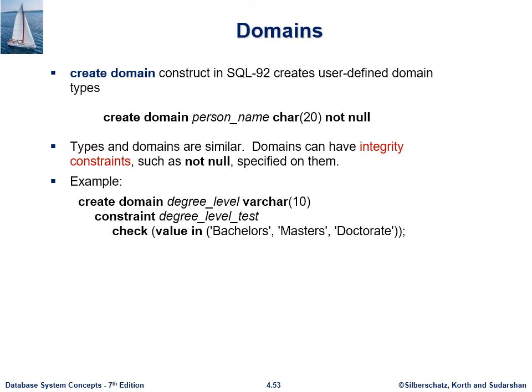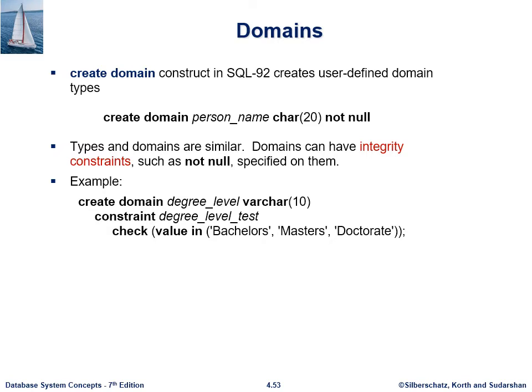This is also the difference between domains and types. They are similar because both define the range of allowed values, here character 20. But domains allow us to add integrity constraints, for example, this not null. That is the main difference.